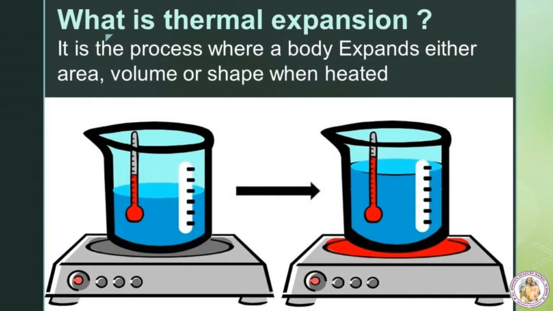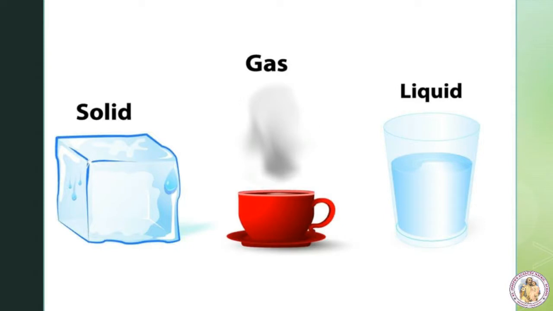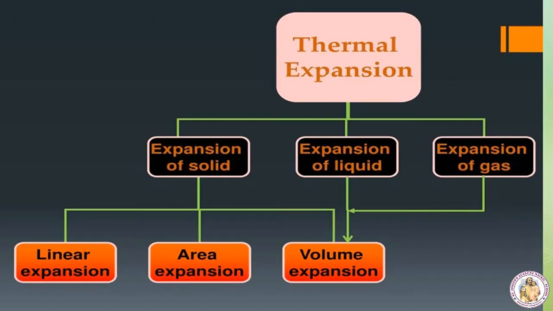So, what is thermal expansion? It is the process where a body expands, either in area, volume, or shape, when heated. All forms of matter, solid, liquid, and gas, undergo expansion on heating. We are going to see in thermal expansion: expansion of solid, expansion of liquid, expansion of gas.